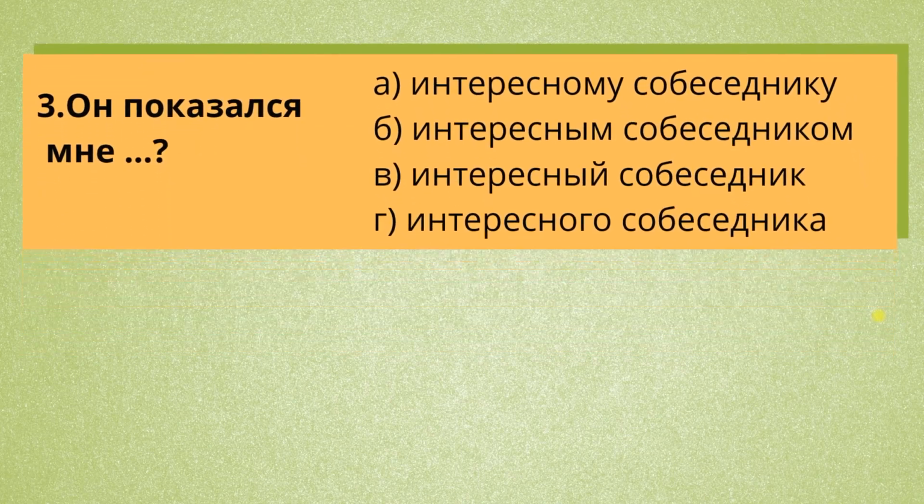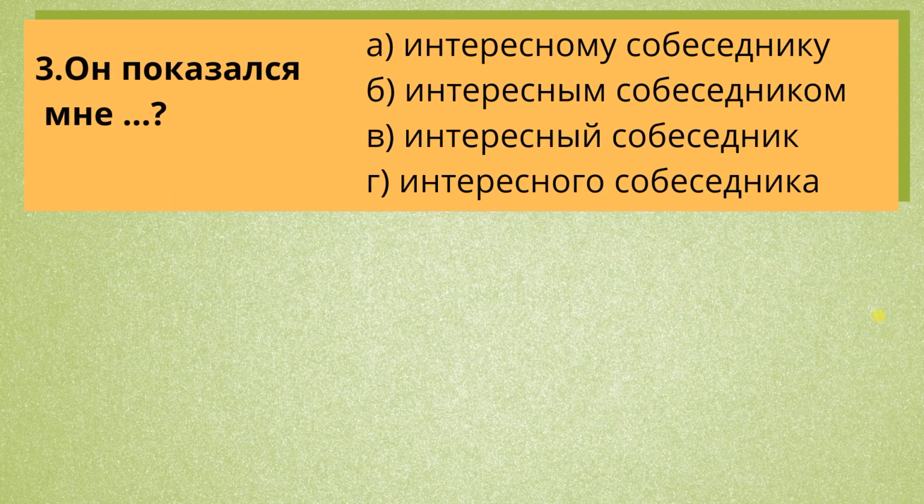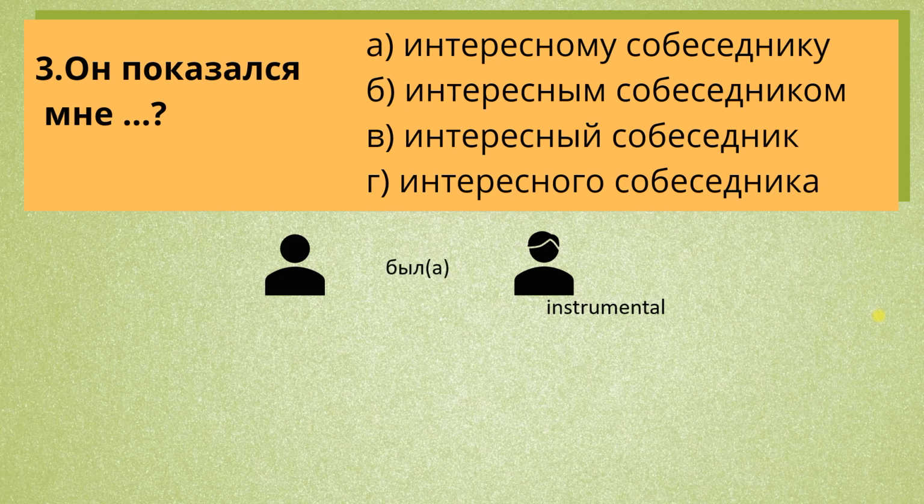Okay, let's check. First, let me remind you of instrumental case. One of its usages is when one person equals another kind of person. What does it mean? For example, instead of an equal mark here, we will use был or была. Now I guess you recognize instrumental case.